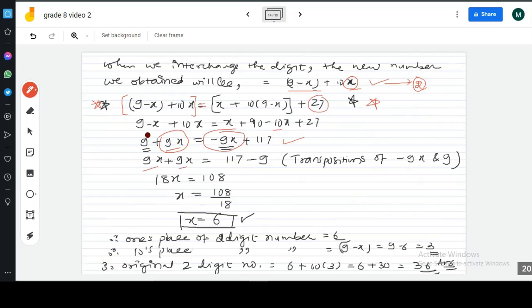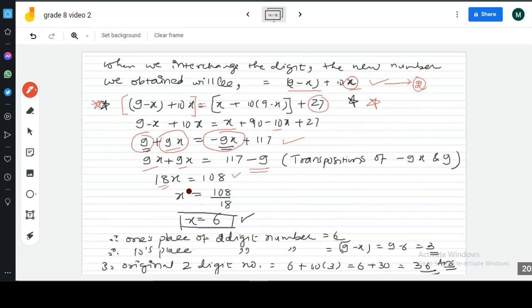Transposing the 9 from left to right, again the sign will change and it becomes minus 9. So 117 minus 9 will give us 108.